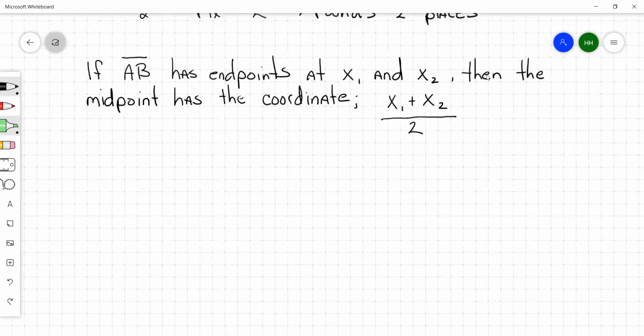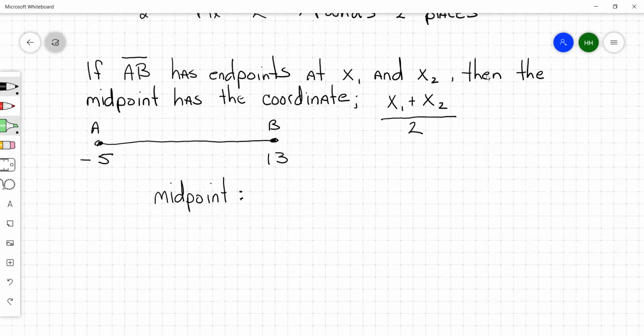The middle of a segment is just the average of the 2 endpoints. If you have a segment and your segment is AB, and A is at -5 and B is at 13, the midpoint would be -5 plus 13 divided by 2.